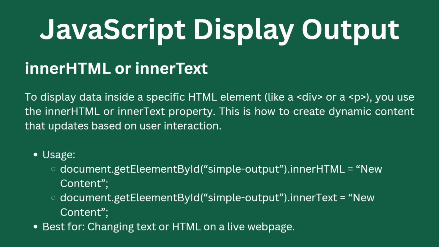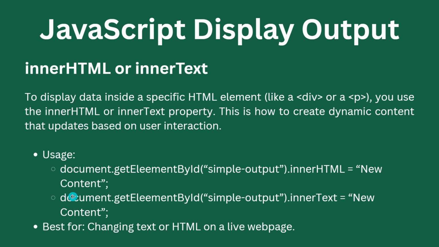This is how to create dynamic content that updates based on user interaction. For usage, you can type in your HTML document.getElementById and give the specific ID, for example, in this case I type simple-output, followed by .innerHTML equals whatever output you want to display.